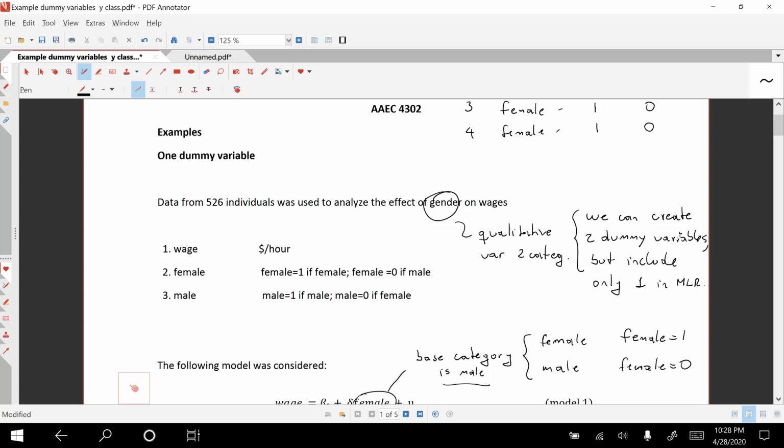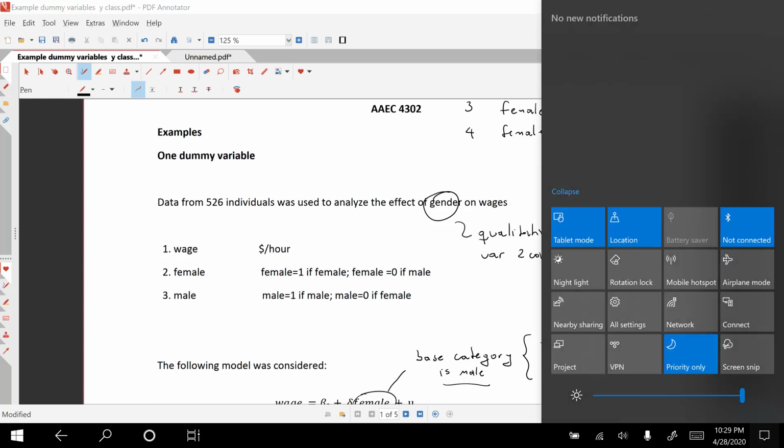If you have one qualitative variable representing two categories, we can create two dummy variables, one for each category, but we only include one of them in the regression model. Ultimately, the information that we get back from that regression is exactly the same. It doesn't matter which of the regression models we use.